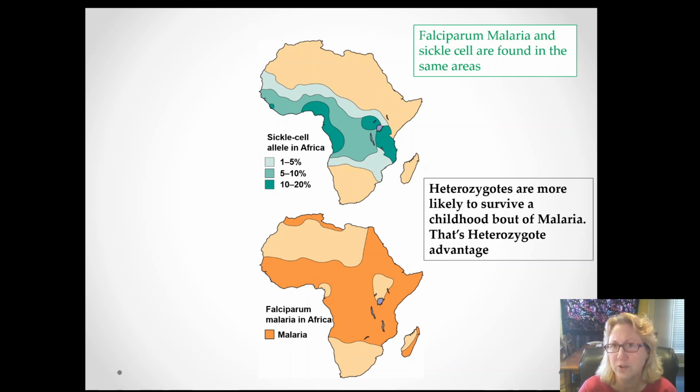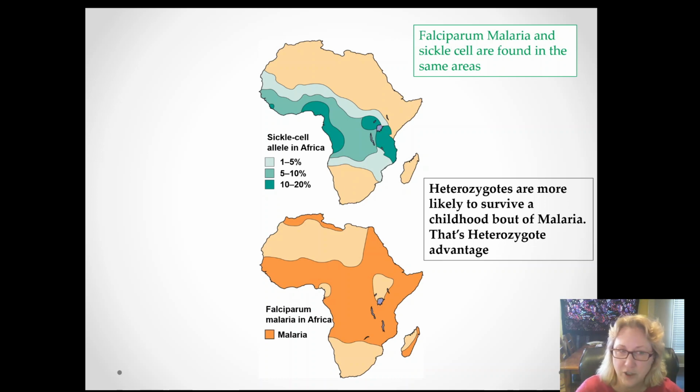So if this is true, we should be seeing a decrease slowly, generation after generation, in the prevalence of the sickle cell allele. And in fact, that has happened among African Americans: the absolute prevalence of the sickle cell allele has decreased a bit in the last 100 years.